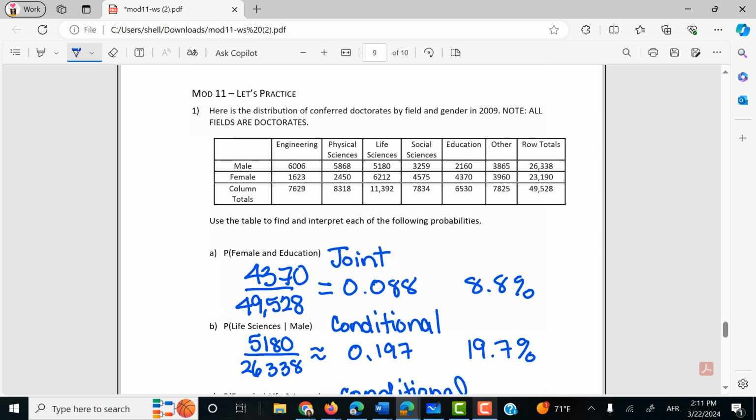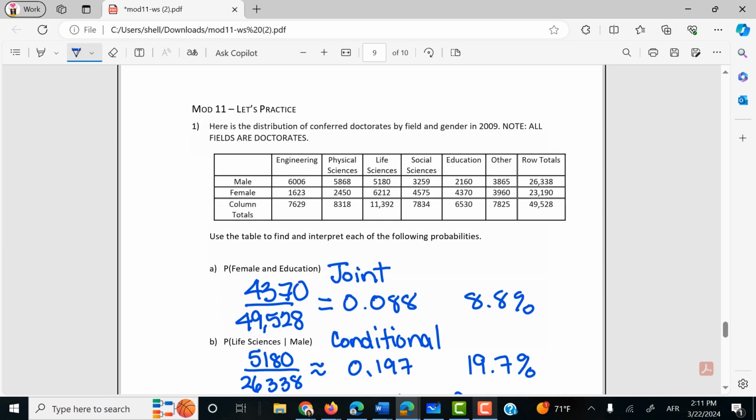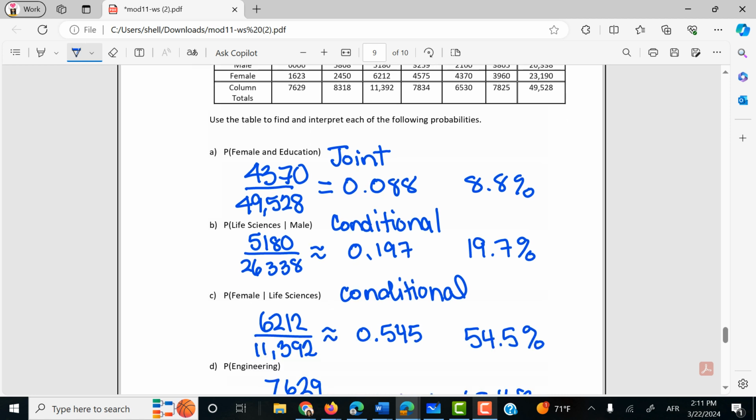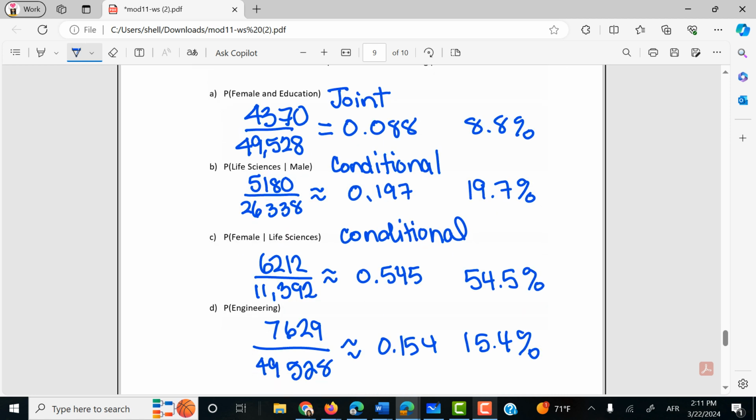So about 15.4% of the students in this study chose engineering. We did joint and conditional, and this last one is what we call marginal probability.